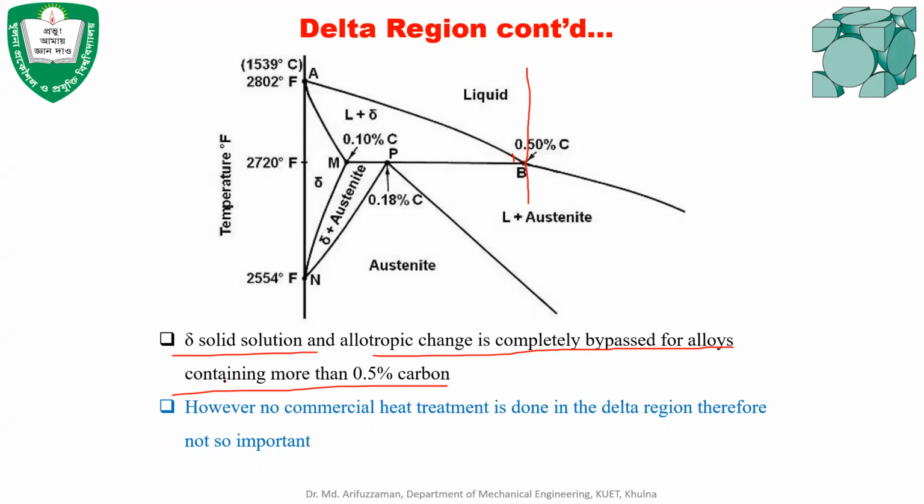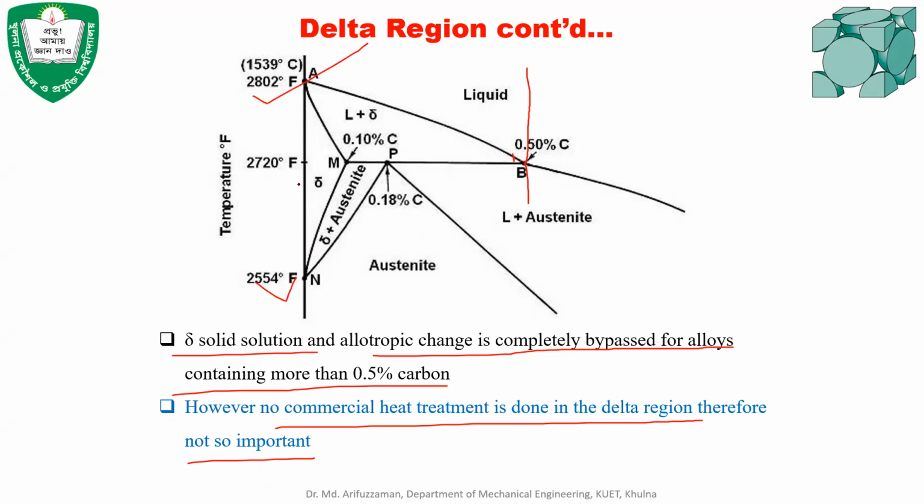However, as I said, no commercial heat treatment is done in the delta region, therefore it is not so important. Why is this not done? Because the delta region is at a very high temperature, like 2500 degrees Fahrenheit to 2800 degrees Fahrenheit.